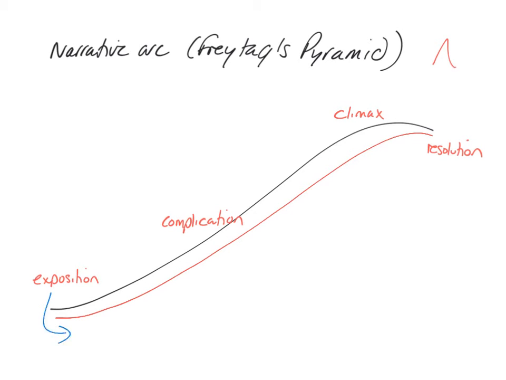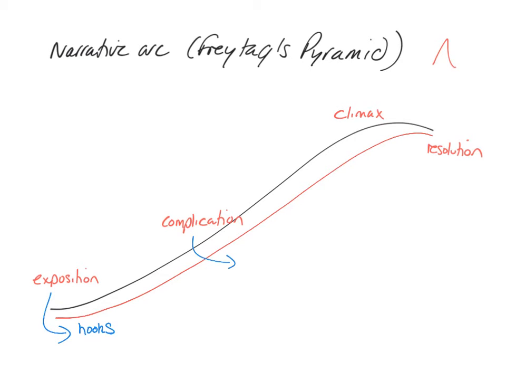Your exposition is kind of the hooks, okay? It is setting up ideas, questions, themes, information about character, all of which that's going to be important, okay? It's raising those questions, it's drawing you in, it's setting the scene.